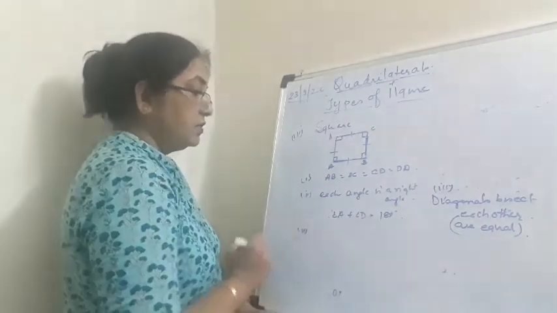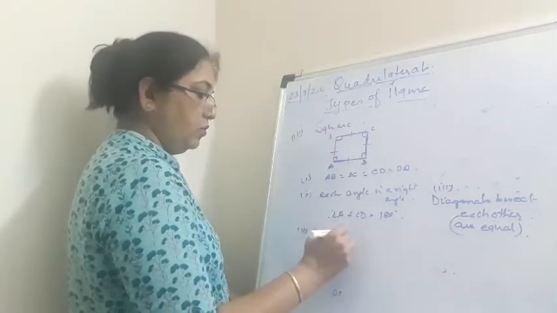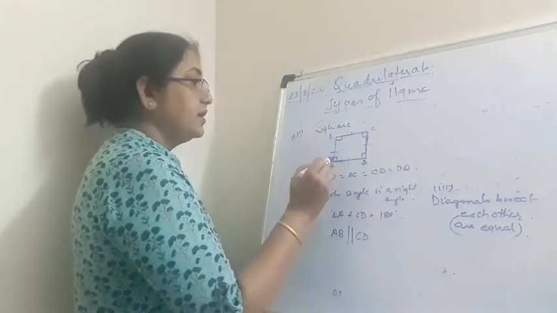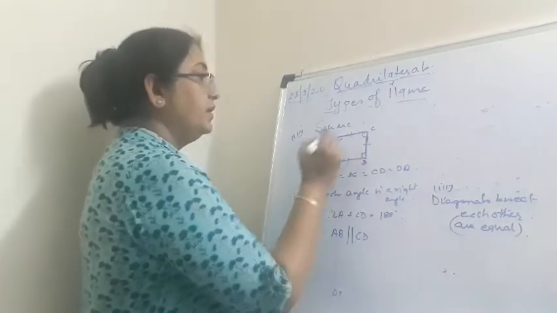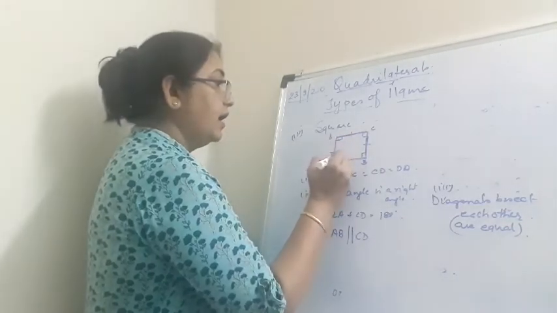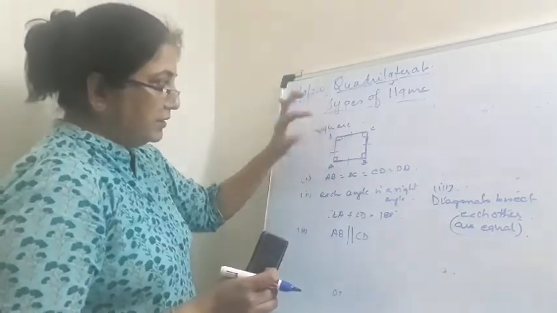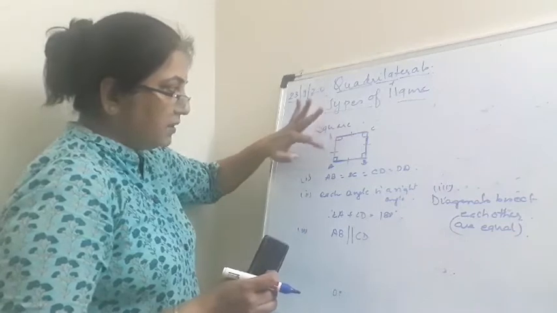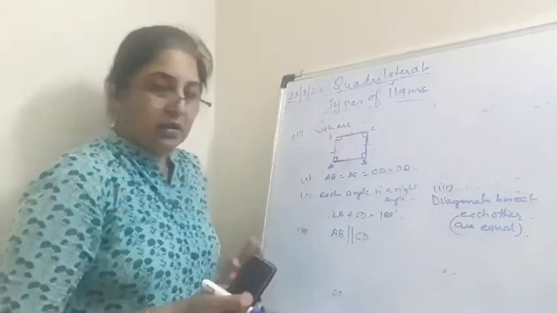Then talking about these sides, AB is also parallel to CD. You know why? Because these are straight lines, and these two angles are supplementary. So when you talk about these two lines, this becomes a transversal, co-interior angles become supplementary, and because they are supplementary, these lines will be parallel.